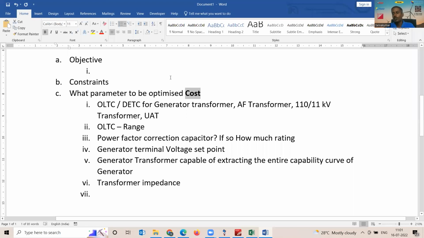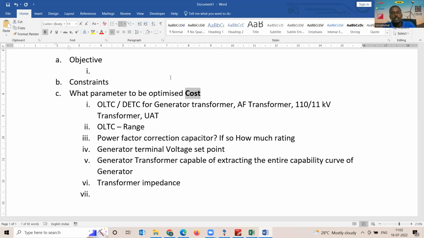And when we say cost is to be optimized, there is another debate which always comes to our mind: whether capital cost has to be optimized or running cost has to be optimized, and how to treat capital investment versus running cost, right? So you need to look at it from many other perspectives also.